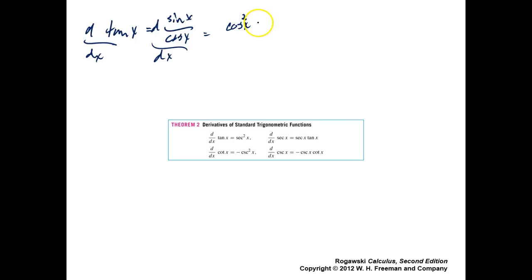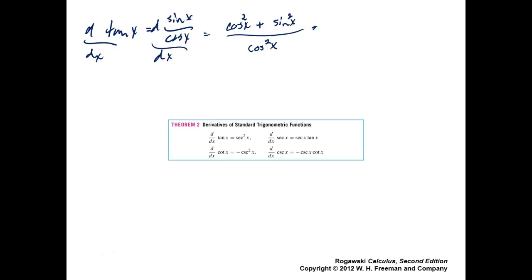Then minus high d low, so sine x times minus sine x, so it'd be plus sine squared x, over low squared, so cosine squared x.